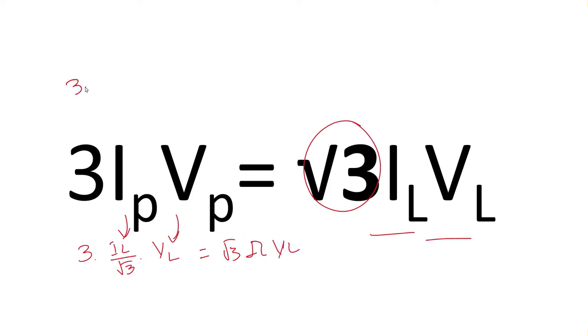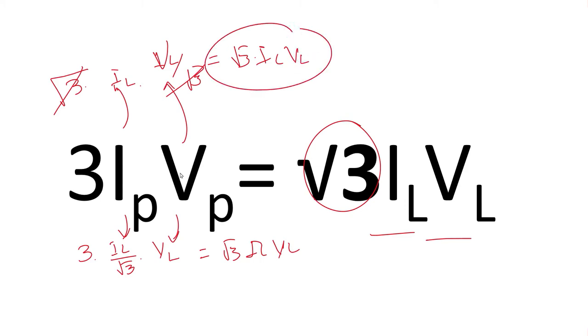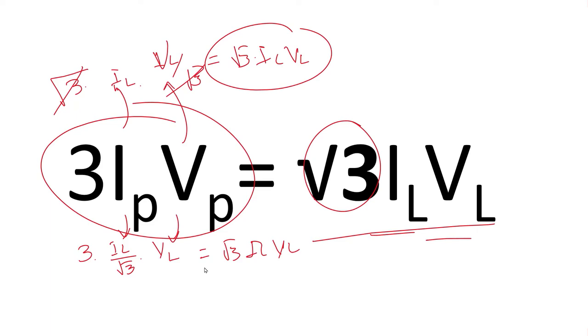Sometimes we write IP is equal to IL, but we divide VP as VL divided by under root 3. So when we multiply it, we get the same under root 3 ILVL. So in both cases 3 IPVP is equal to under root 3 ILVL.